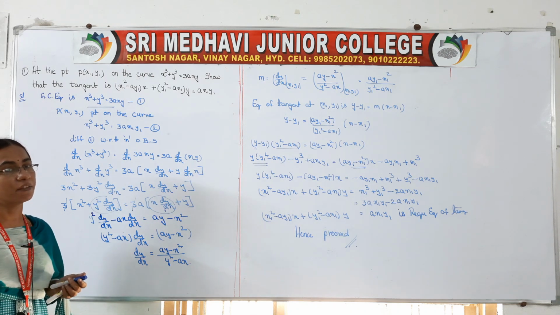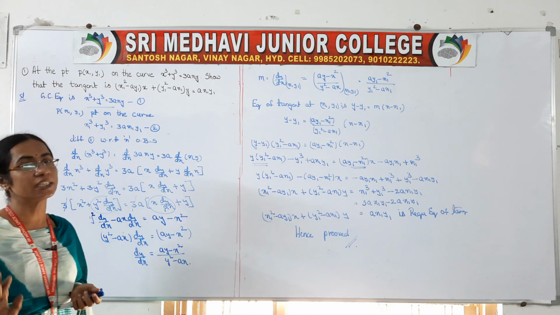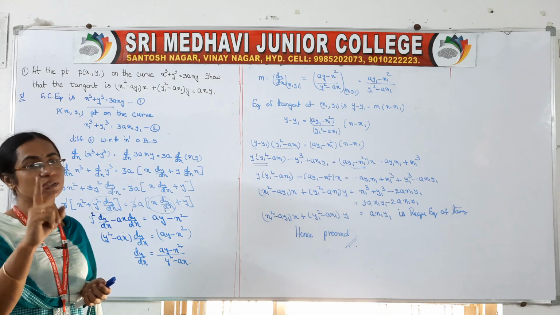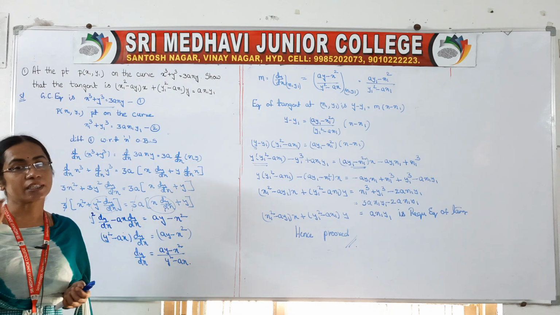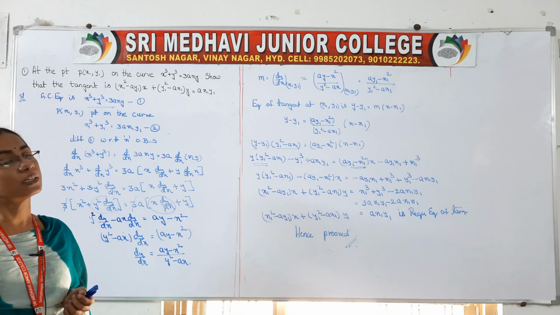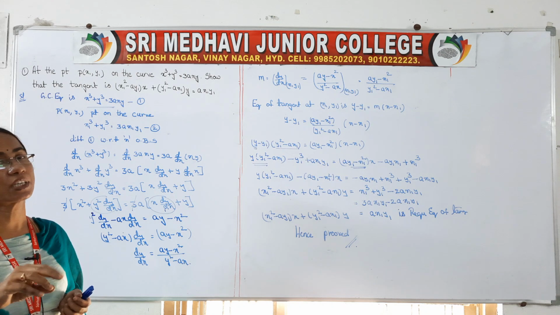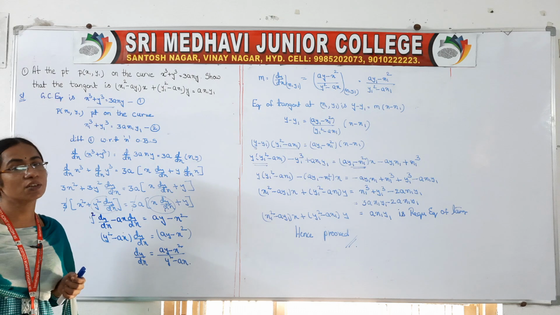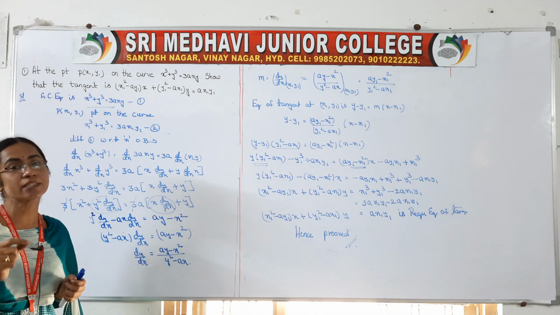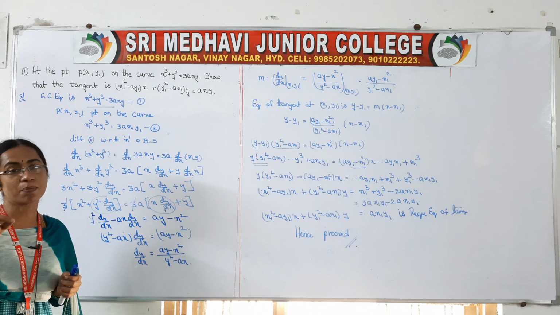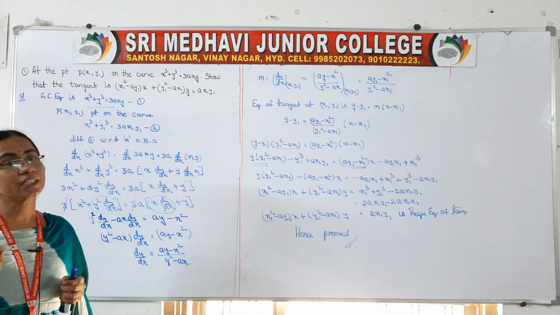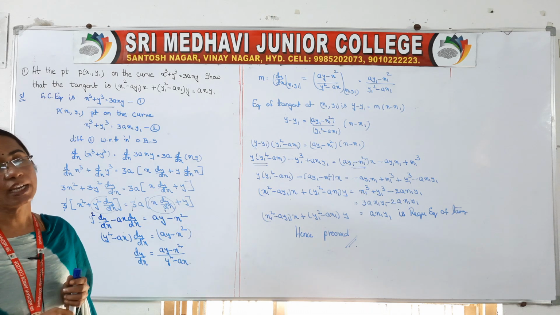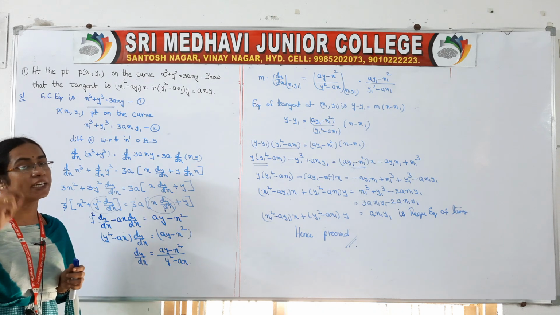Easy only. Whenever it is the equation of the tangent, first we consider the curve equation as 1. Then you take the point on the curve, and the point satisfies that curve equation, you consider that as 2. Then differentiate the curve equation with respect to x and try to get your dy by dx. The dy by dx value is m, it is the slope.